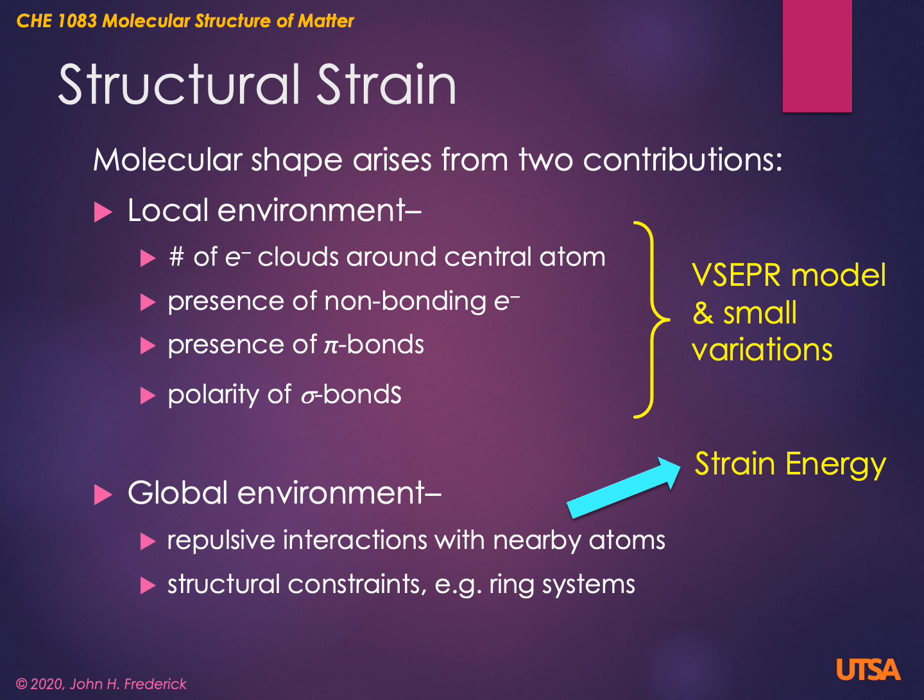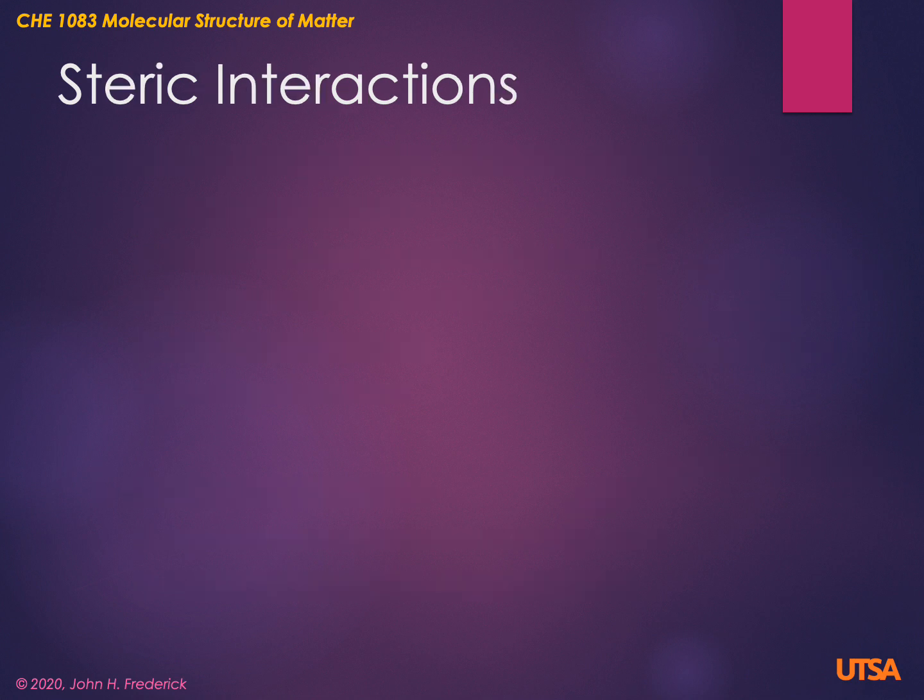These are the things that ultimately lead to strain energy. So all the things we've been talking about before with the VSEPR model, those are affected by the electrostatic attraction repulsions that go on between bonds. The global environment is what gives rise to the strain energy. So it's not something that's only going to come about when we have a larger, more complex molecule.